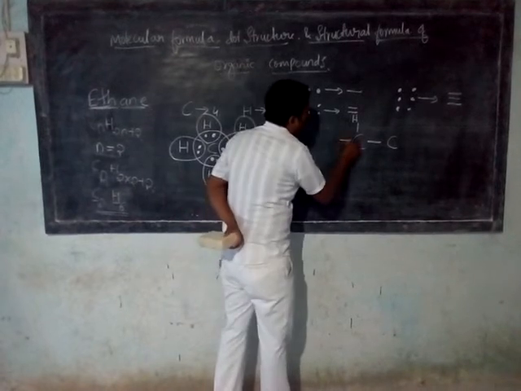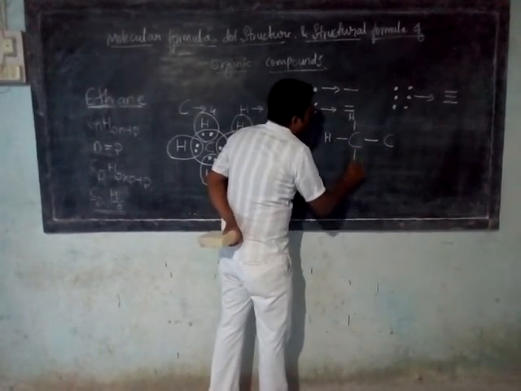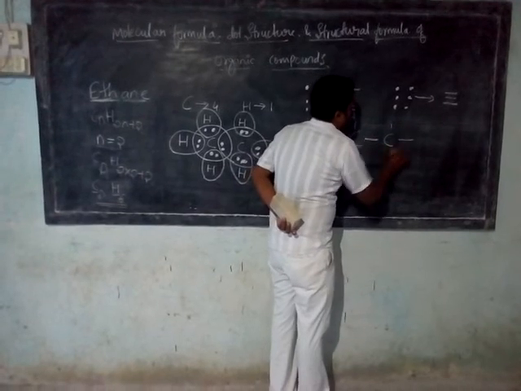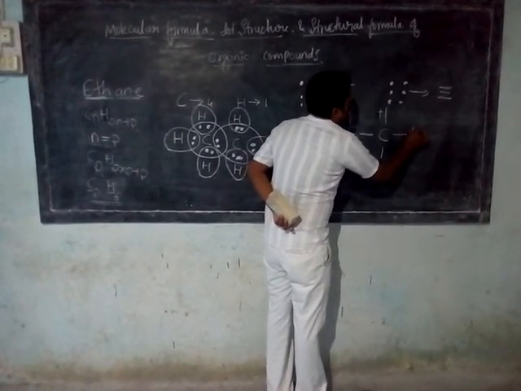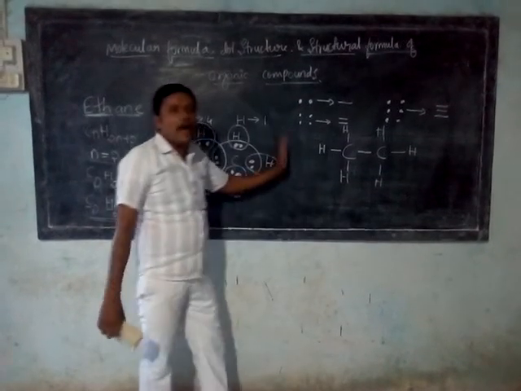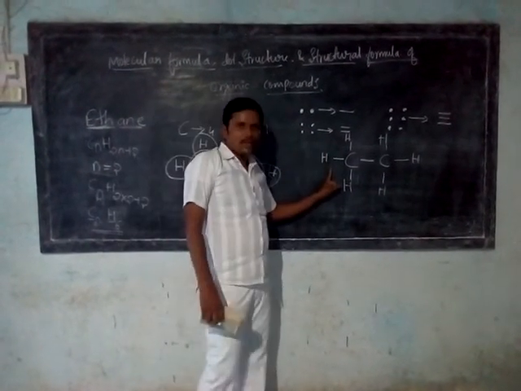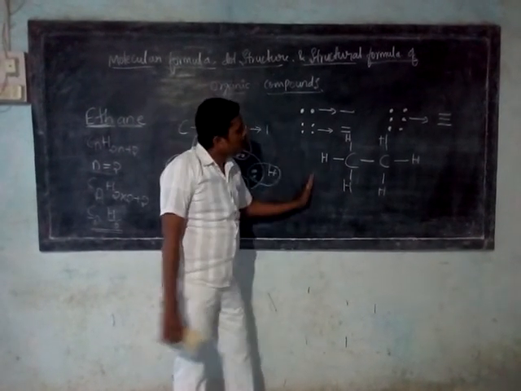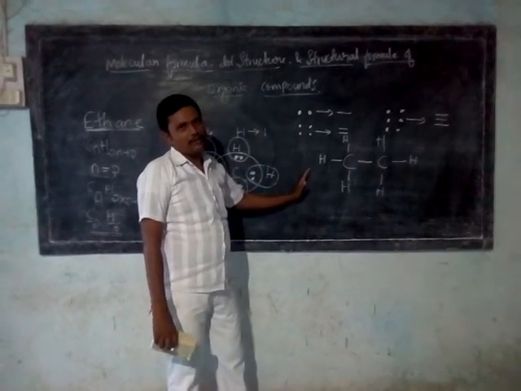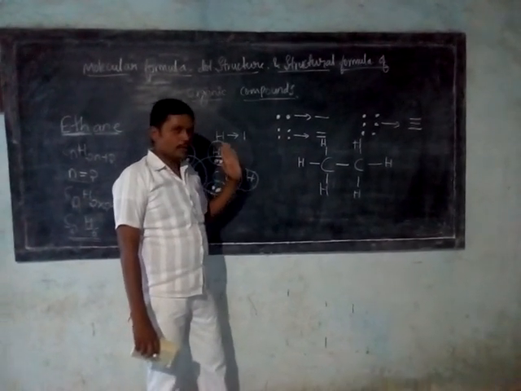Same on all the sides. 2 dots means 2 electrons, so I will write only single bonds on all the sides. Like this we have to write the structural formula of different types of organic compounds. Very important for your examination. Okay, thank you.